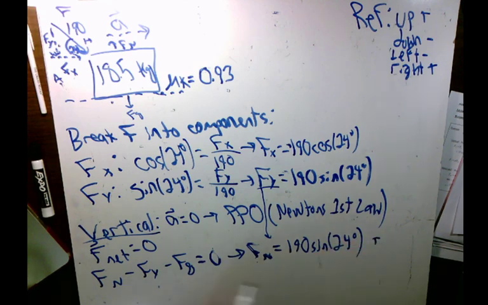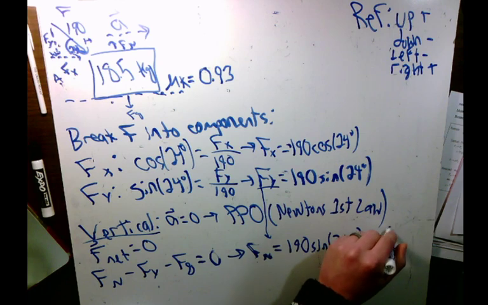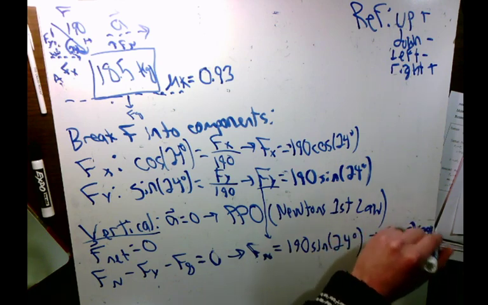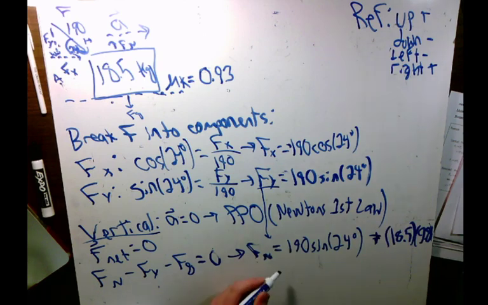And likewise, our Fg was negative here, right? So I'm going to add it, and it's going to be a positive mass times acceleration. 18.5, 9.81. So my normal force comes out as 258.8 newtons, and that would be up. All right, I have Fn.